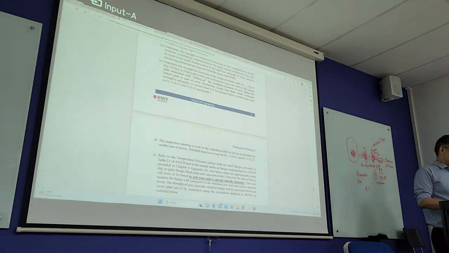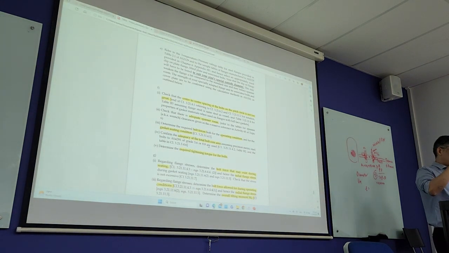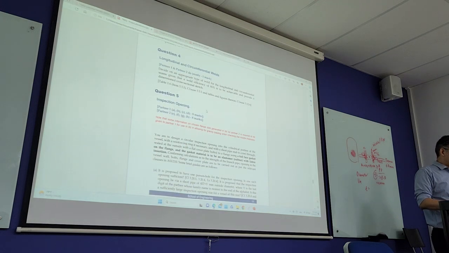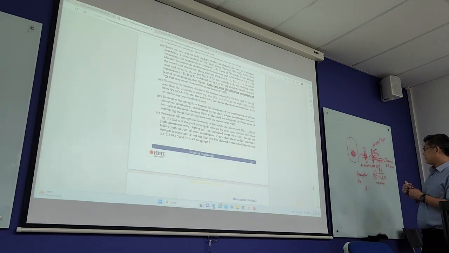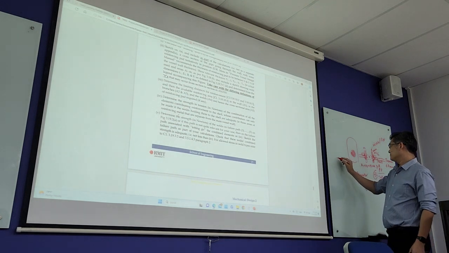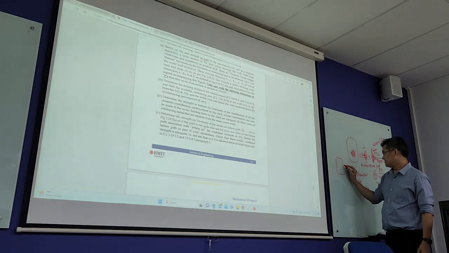Now come to the next part for the same question. Because this question, partner 1 does A, B, C, D. Partner 2 does E, F, G, H. So now we come to the flange. After you insert the pipe, let's say side view here, this is the opening.